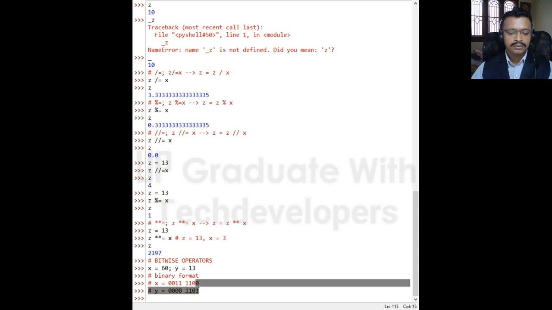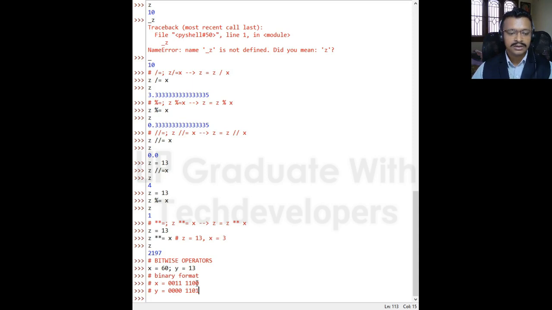So there are no common elements. There is a mismatch. So that's the definition: it copies the bit to the result if it exists in both the operands.